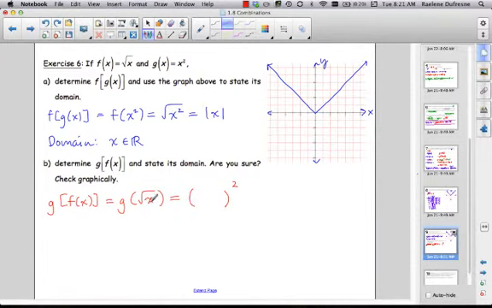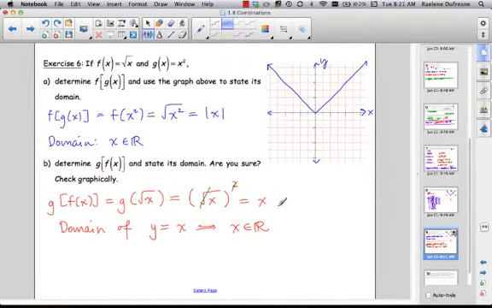And what goes inside here is the stuff of f of x, or square root x. Now, we would think that the square root and the squaring cancel, leaving us with x. But if we check graphically, and we would think that this domain, the domain of y equals x, is x contained in the reals.